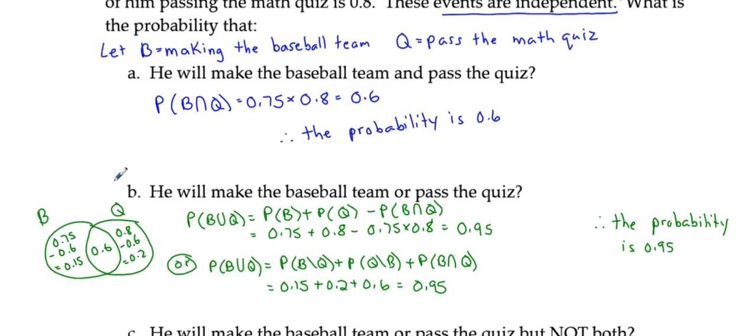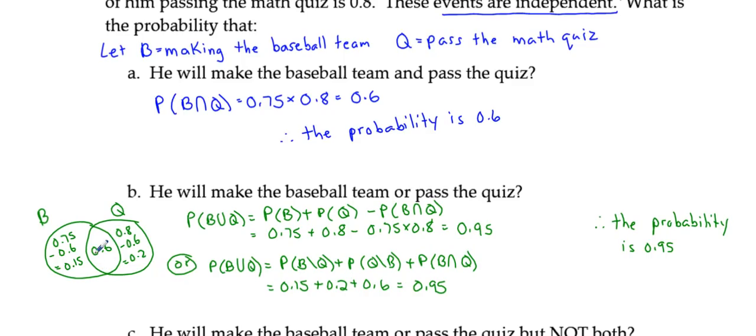So B is similar to what B was in the previous question. To make the basketball team or pass the quiz, you can use the OR formula. So it's the basketball team plus the quiz minus both. But in this case, both, because they're independent, is 0.75 times 0.8, which is actually what you calculated up here. Or you could do it the other way I said.